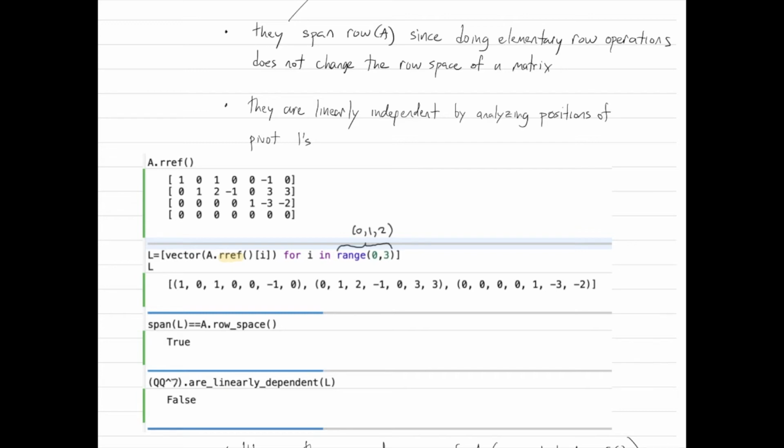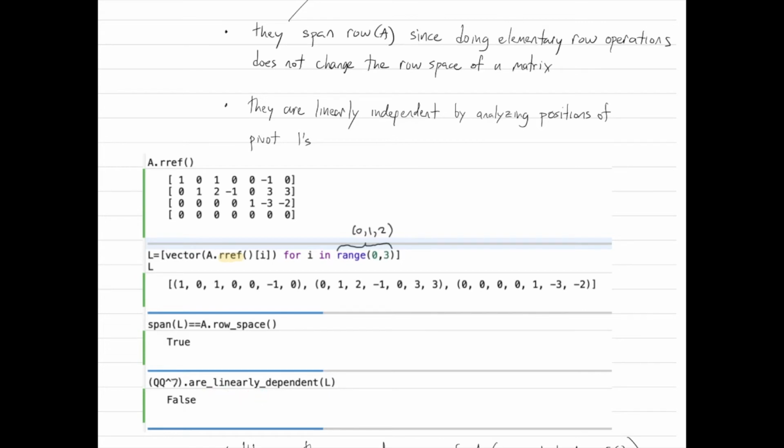So again, a basis is something that spans and is linearly independent. So I ask: span of L, is that equal to the row space of A? And Sage says it's true. And then I'm asking, are these vectors in L linearly independent? Now, Sage has only a command, if I understand correctly, to ask, are they linearly dependent?